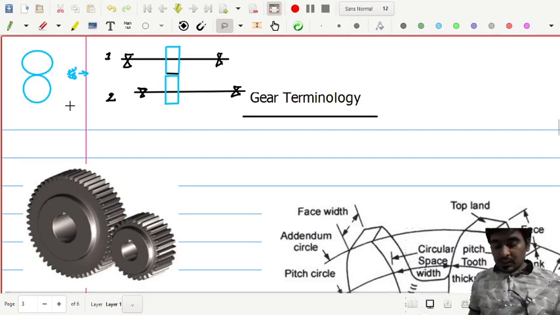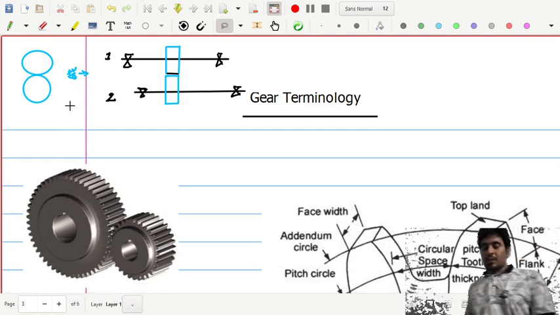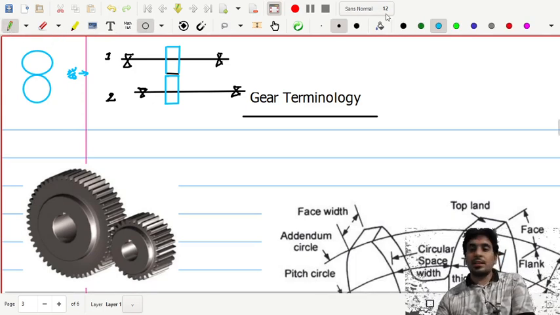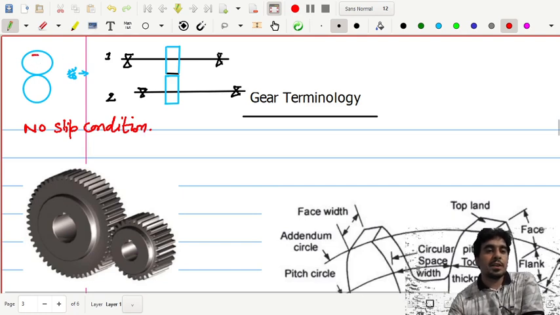Now we started the theory of gears by considering these discs as friction discs, and then in order to maintain the no slip condition, we created some teeth on the surface of these friction discs.